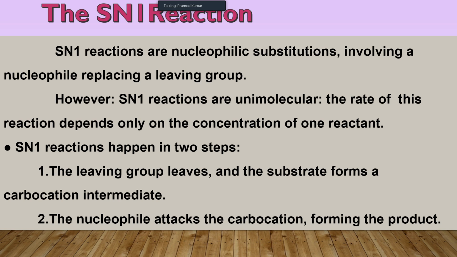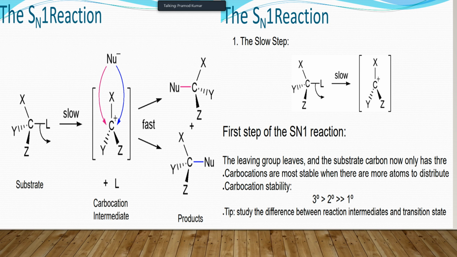It's a two-step reaction. The first step is the leaving group leaves the substrate forming a carbocation intermediate, and this is a slow step. This is followed by fast attack of the nucleophile on the carbocation to form the product.